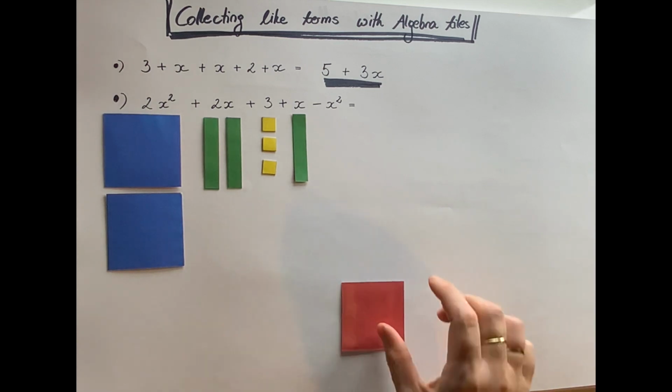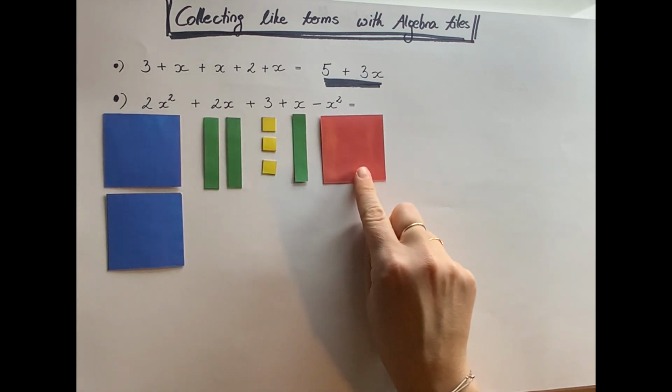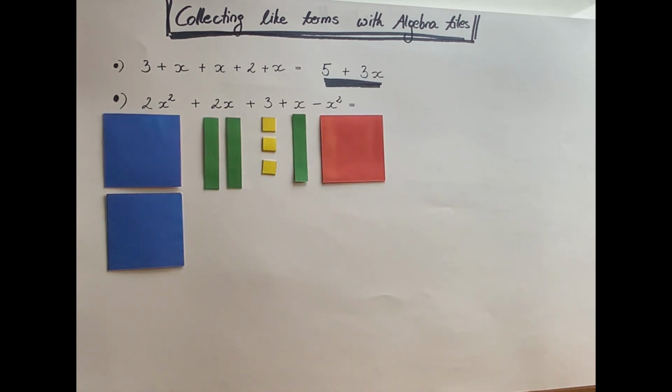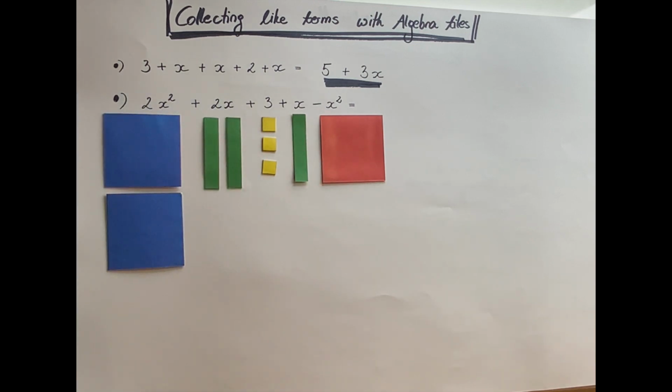Remember, the negatives are always represented with red. That's a negative x squared.